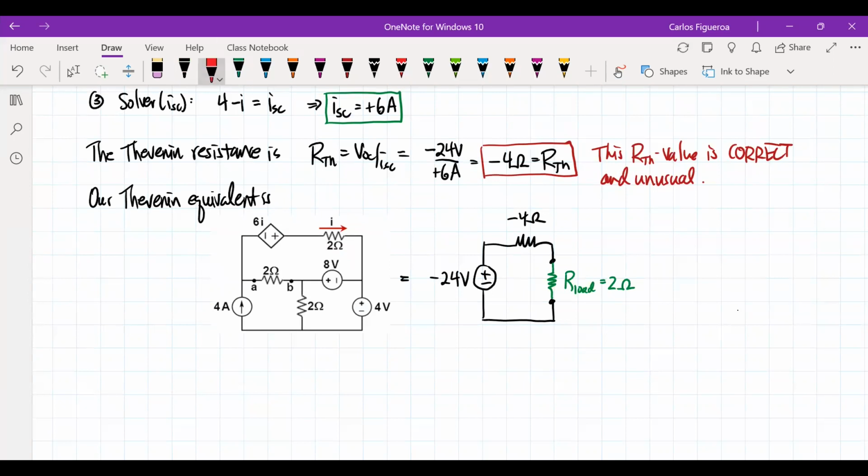So if I want to calculate the current through this resistor here, I'm going to apply Ohm's law.